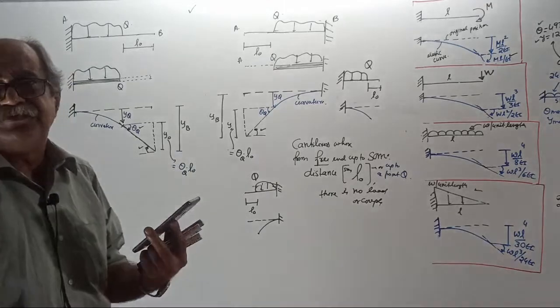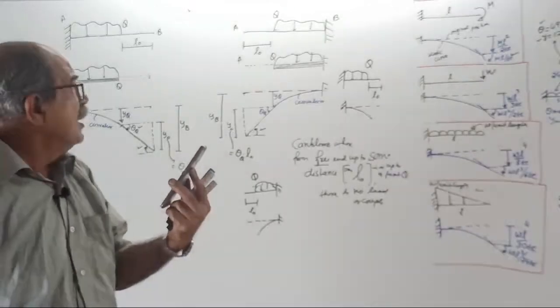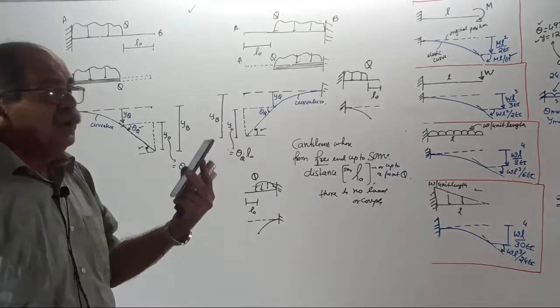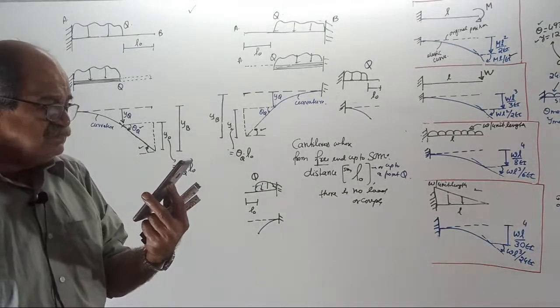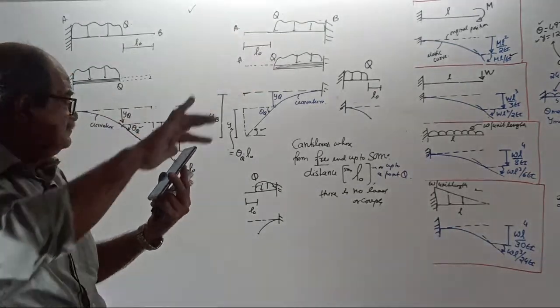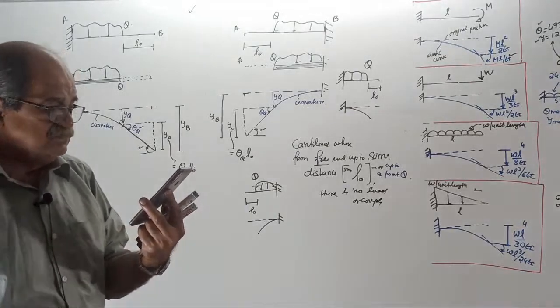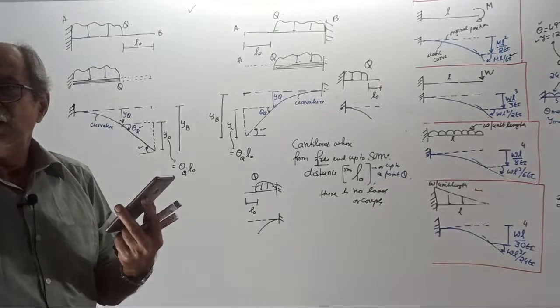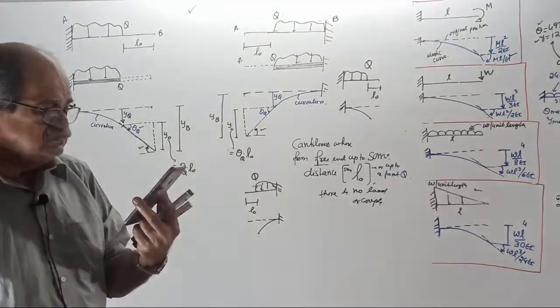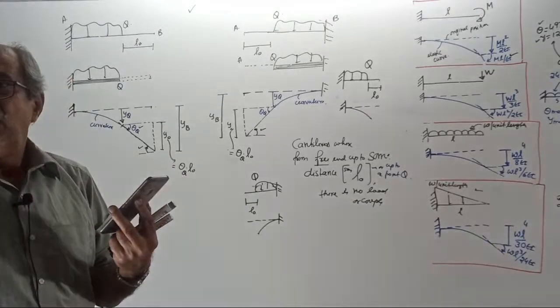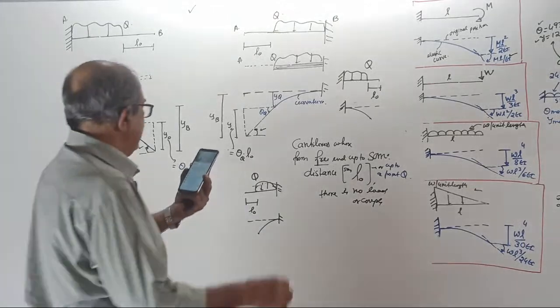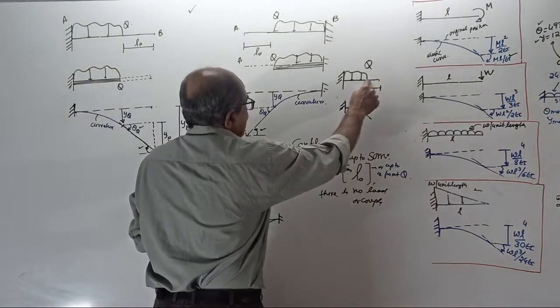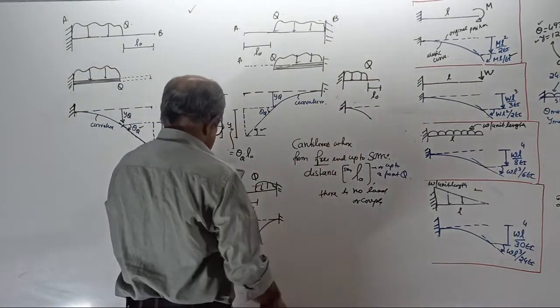You should write all these things. For that length L0, what is the bending moment? Anywhere. Look at that side. How much bending moment? What is the bending moment from here up to here, or from here up to here?